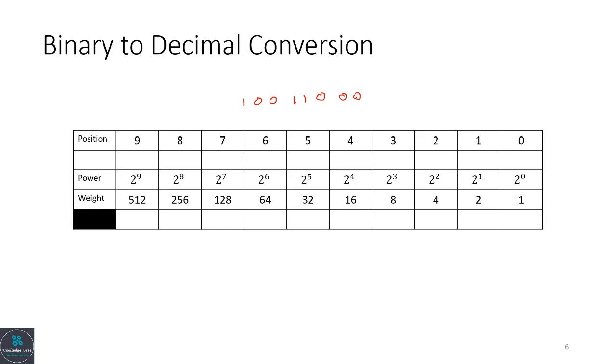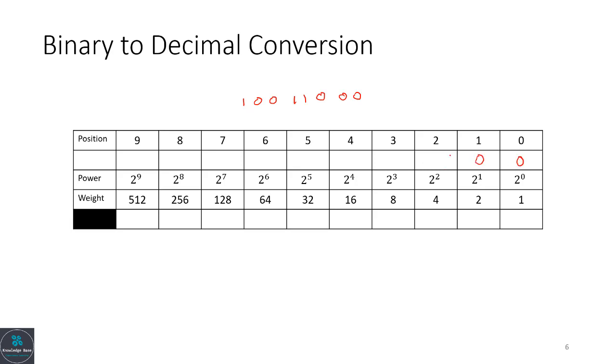So, if we are able to convert this into its decimal, we will get 152 and it will be a verification of our previous conversion also. Now, for this we have to put the binary bits into their positions. So, this is the rightmost, so it will go to position 0.